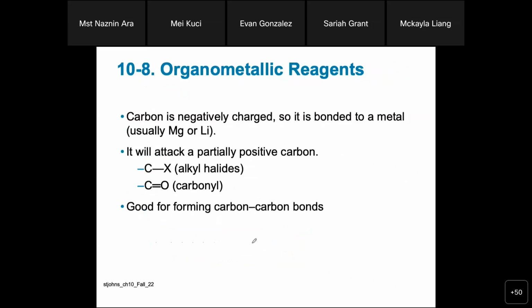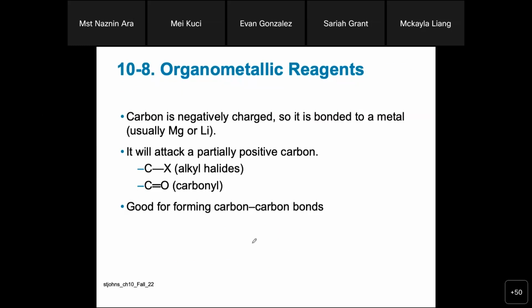Now we are going to study a very famous reagent in chemistry, and the scientist who discovered it got the Nobel Prize for this discovery. After this reagent's discovery, we are enjoying lots of new products in commercial and laboratory settings.